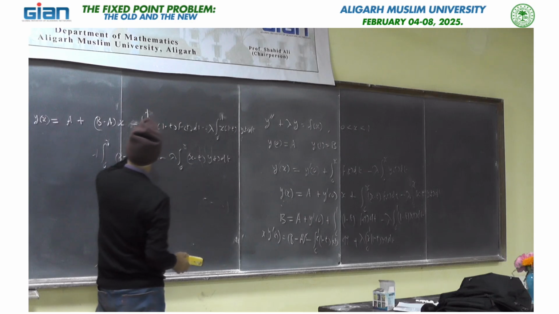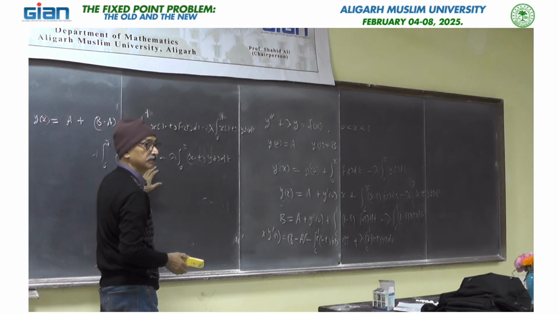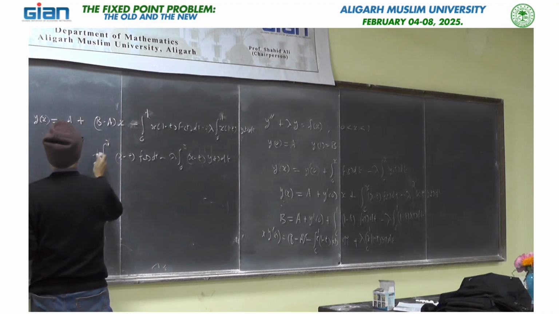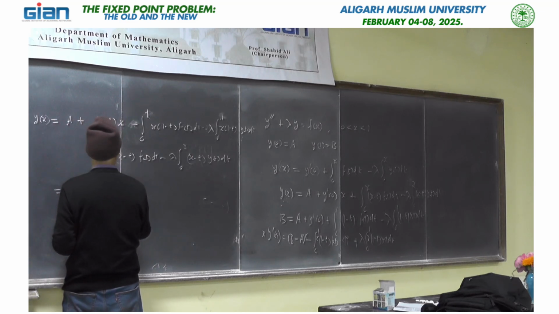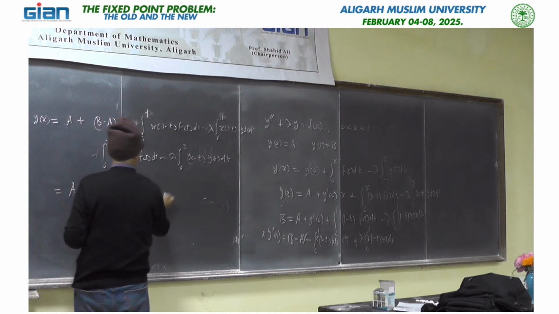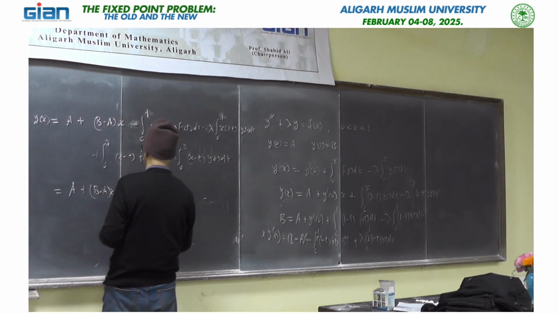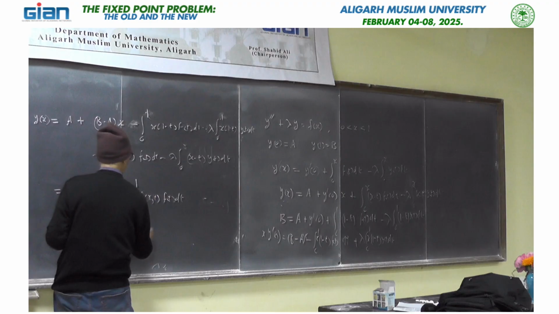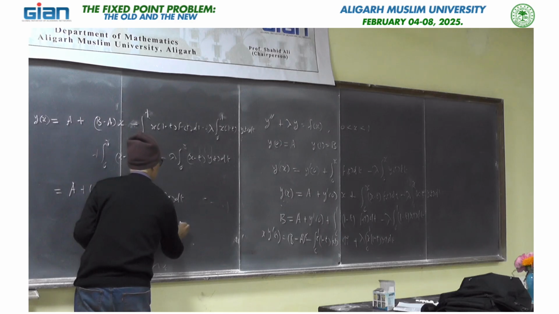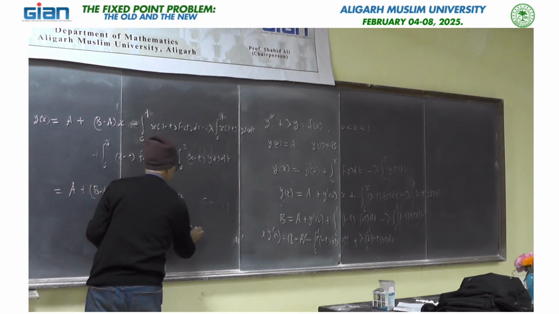And so, 0 to x will be added to this, and what it leads to is the following: you have a plus (b minus a) into x, and then with f t, I will write that like this, 0 to 1 and some function k x t f t dt, and then plus, similarly for the other one, lambda 0 to 1 k x t y t dt.